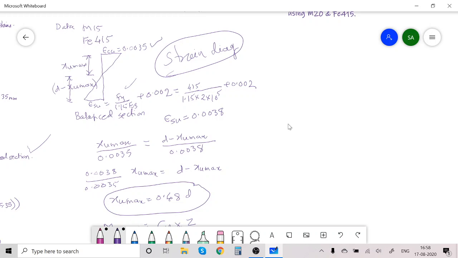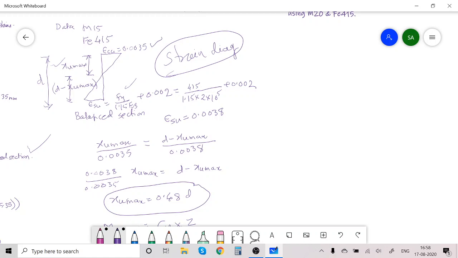The depth of neutral axis is Xu. The total depth to the center of the steel is small d, the effective depth. So from the neutral axis to the center of steel is d minus Xu max.